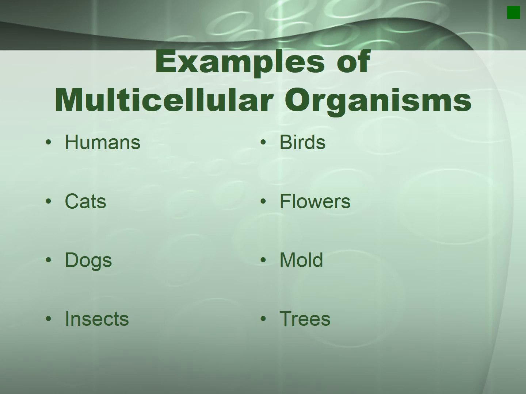You can see here humans, cats, dogs, insects, birds, flowers, mold, and trees. As you can see, multicellular organisms cover a wide spectrum of the living things that we see on this planet.